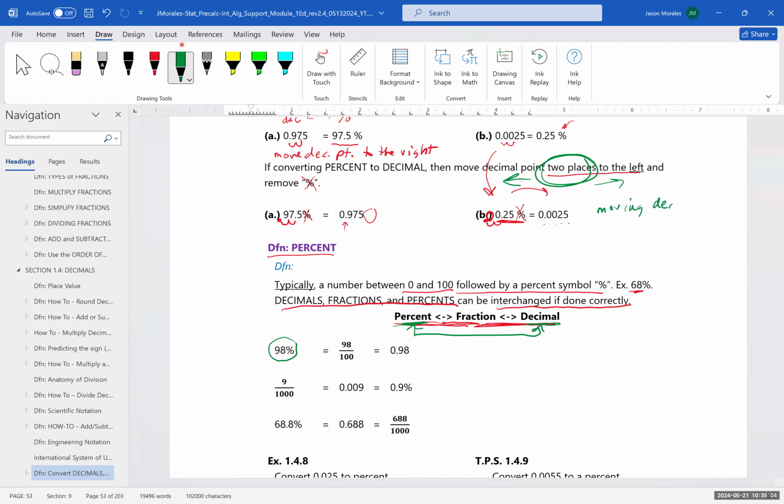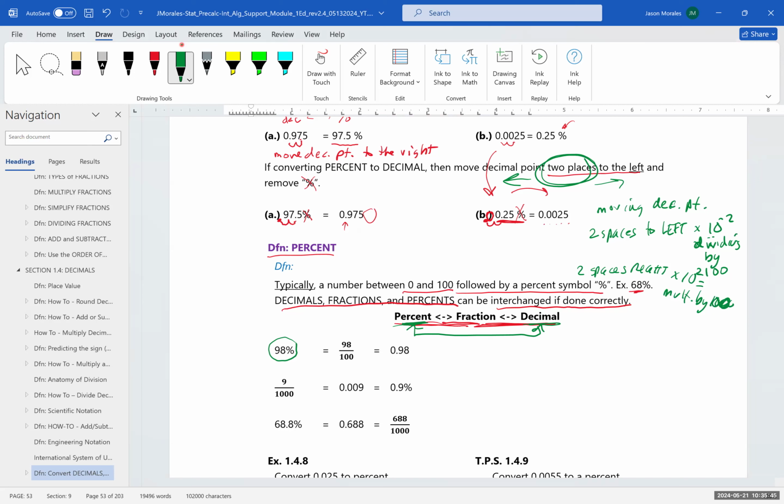Moving the decimal point 2 spaces to the left means that we are multiplying by 10 to the minus 2, or dividing by 100. When we move it 2 spaces to the right, we're multiplying by 10 to the positive 2, which is multiplying by 100.